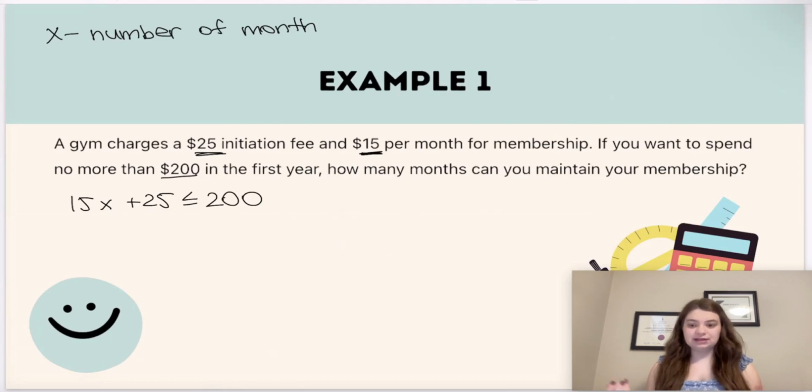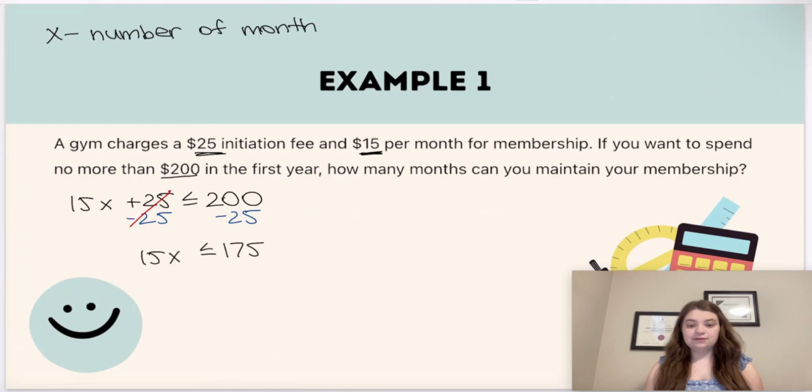So how would we solve this inequality? Well, first I need to undo any addition or subtraction from the left. So I'm going to subtract 25 from both sides. If I do that, these 25s cancel. And then on the right, we have 200 minus 25, which is 175.